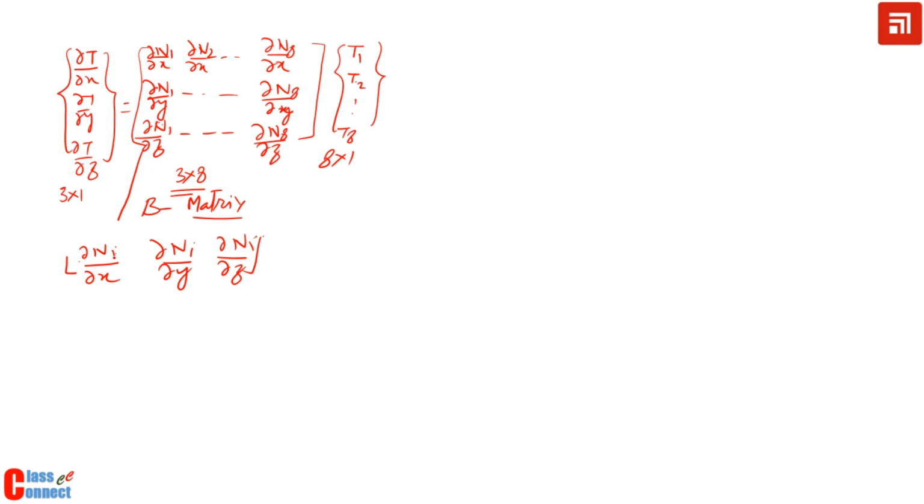If we assume it is an 8 noded element, then I is equal to 1 to 8. And what I get if I substitute I is equal to 1 to 8, it is del n1 del x, del n1 del y, del n1 del z.